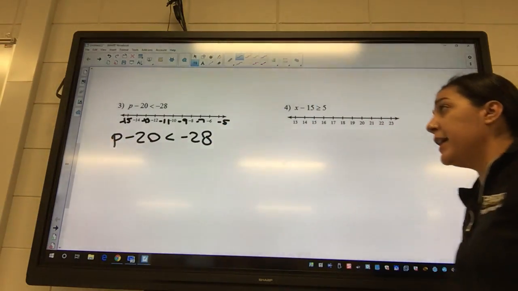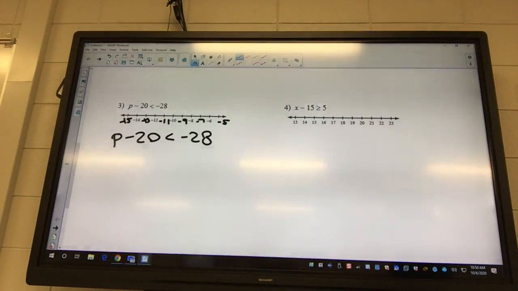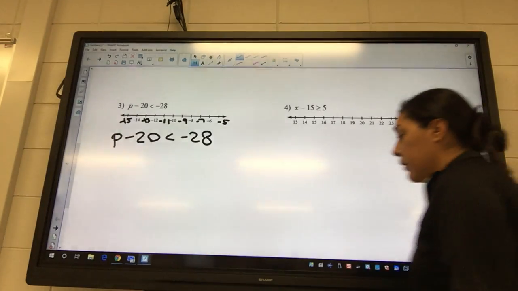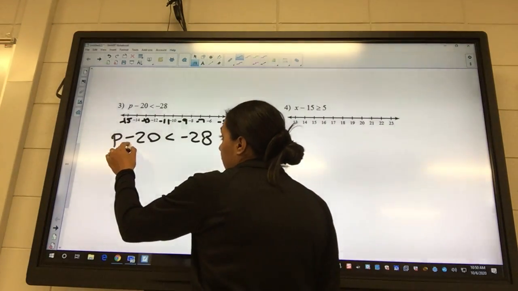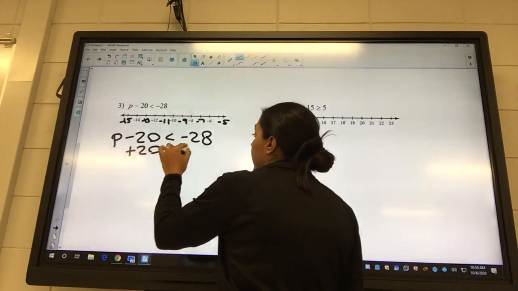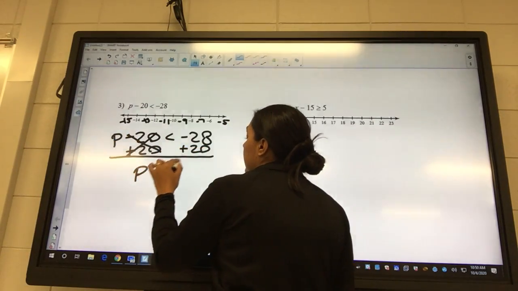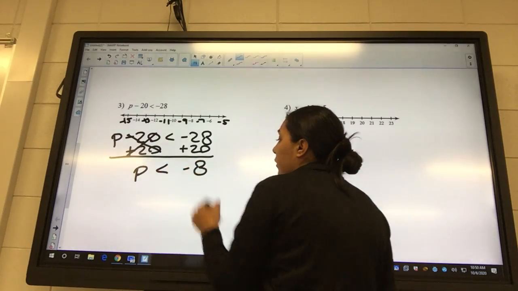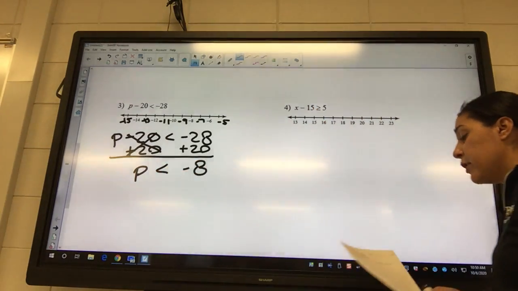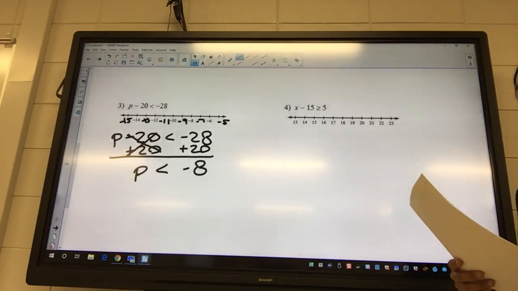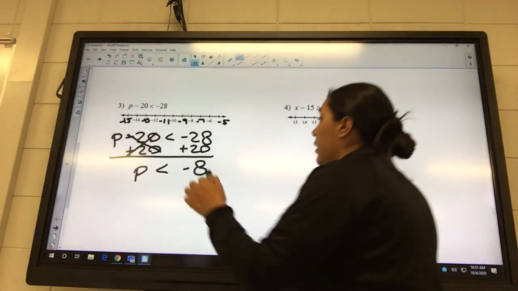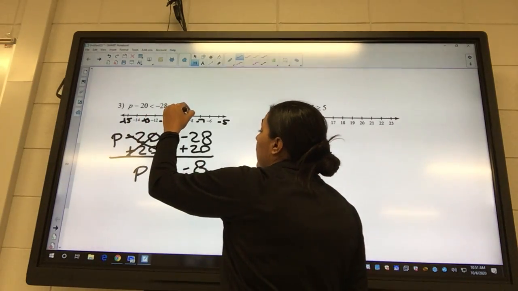I have p minus 20. So how do I move a minus 20? Add 20 to both sides because I'm trying to get p by itself. So p, and I got -8. Well, -8 falls within that marker. Should it be an open dot or a closed dot? That's open, right?